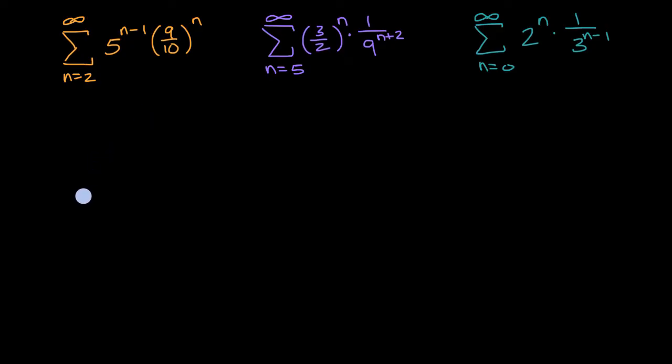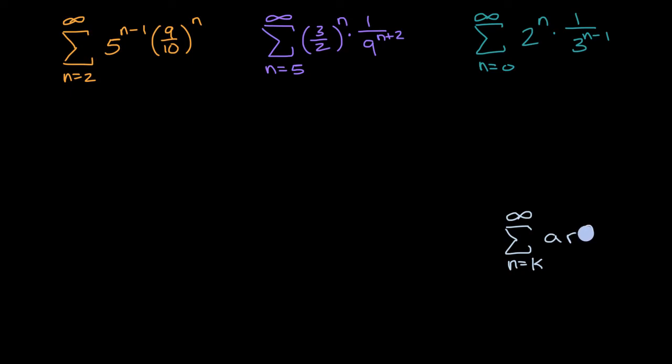Well, we already know something about geometric series, and these look kind of like geometric series, so let's remind ourselves what we already know. The standard way of writing a geometric series is starting at n equals, often you'll see n equals 0, but let's say we're starting at some constant, and going to infinity of a times r to the n, where r is our common ratio.